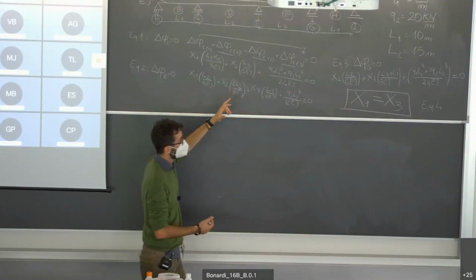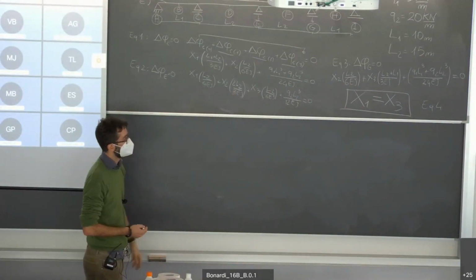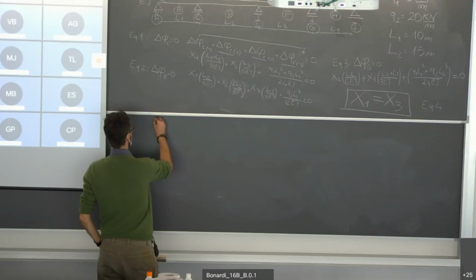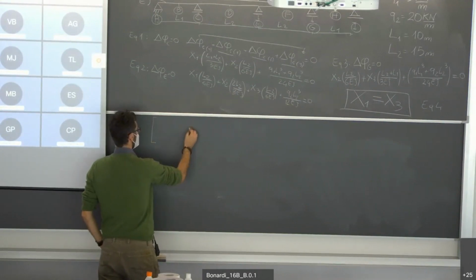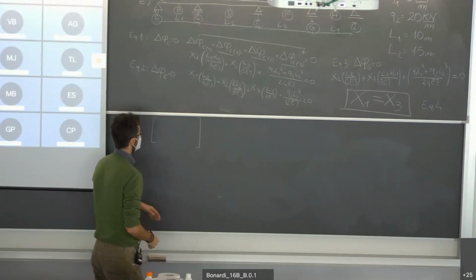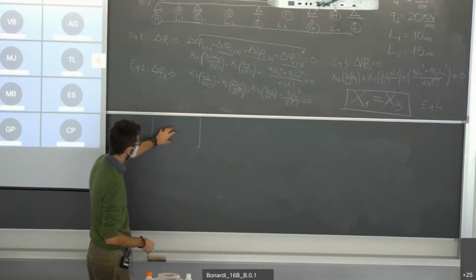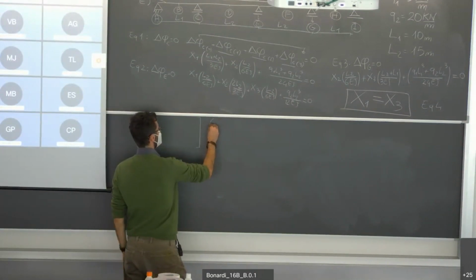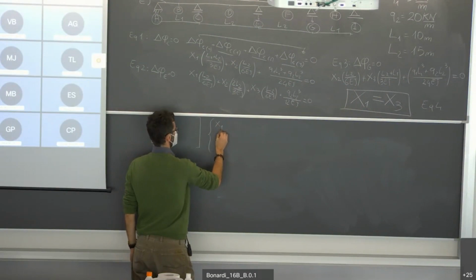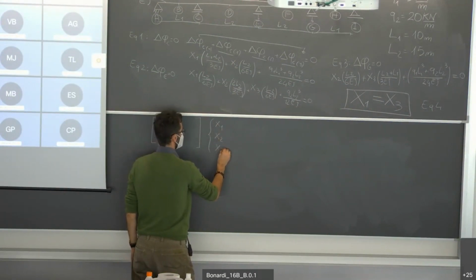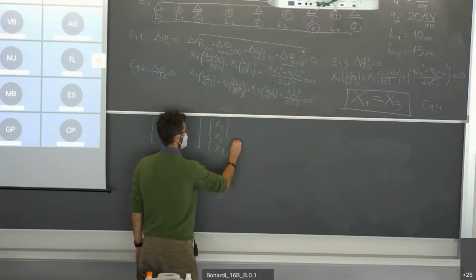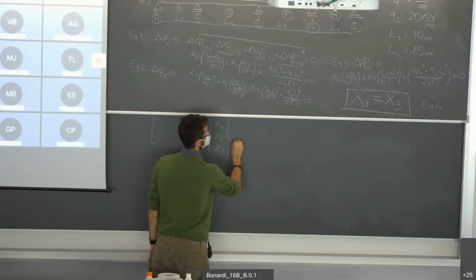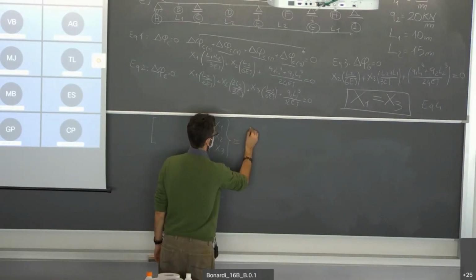We have three linear equations in the three unknowns. So we can see it as a matrix of coefficients times x1, x2, and x3, equal to something, equal to a vector.